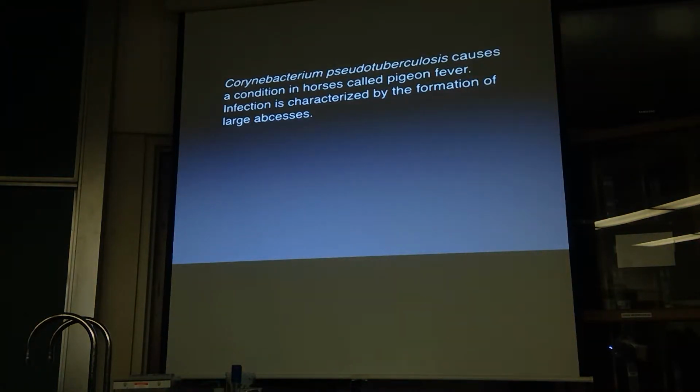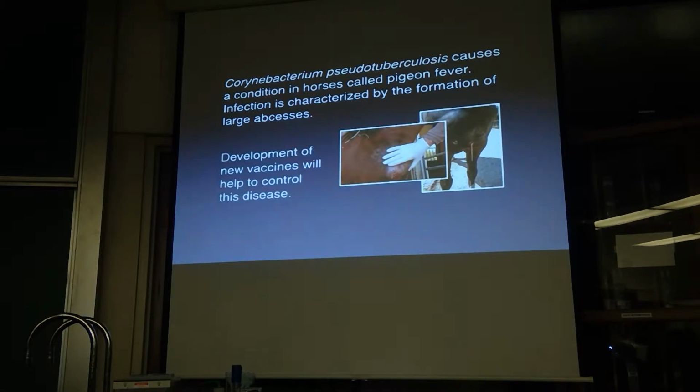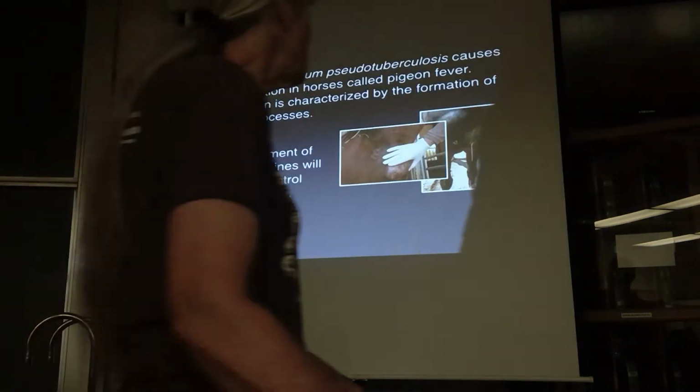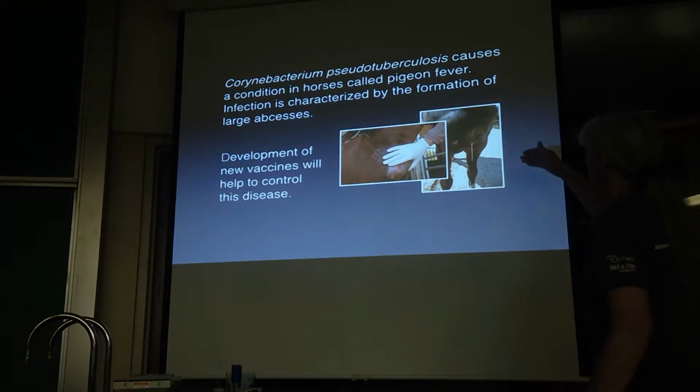There's one called Corynebacterium pseudotuberculosis. This one causes a disease in horses called pigeon fever. I don't know why it's called pigeon fever, but it causes the development of these abscesses just under the surface of the skin. Oftentimes these abscesses occur where the animals have injured themselves. The Corynebacterium live in the soil, and if they get up into that wound, then there's a lot of pus produced underneath, and you'll see this drainage coming out of the wound.